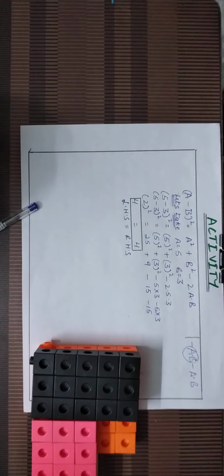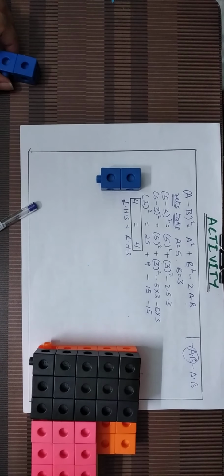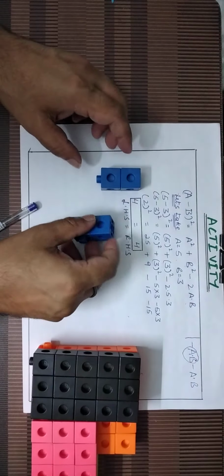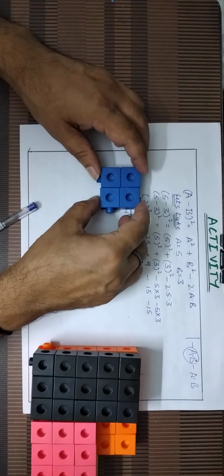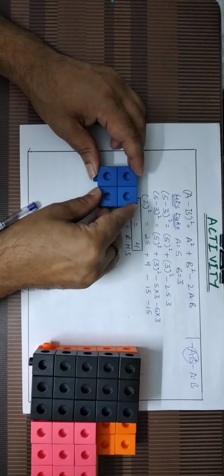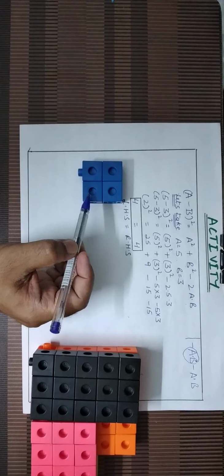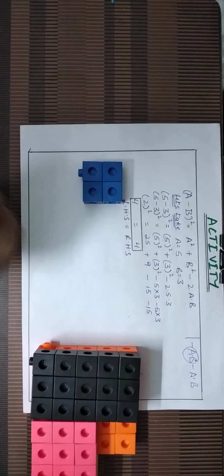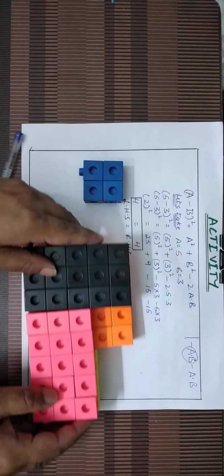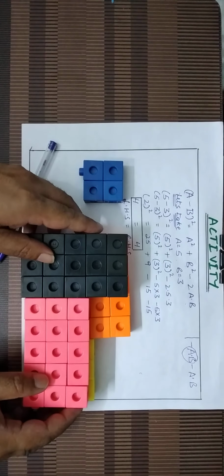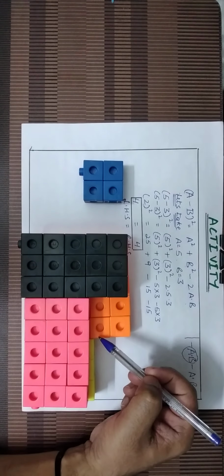So I have taken 2 blocks of 2 by 1. This one is one block, this one is the second. If I join both, this is my square of 2, which is 2 into 2. At the same time, on the right hand side, the left out part is 2 into 2, which is the orange part.